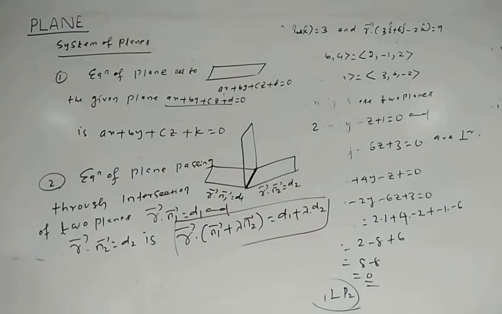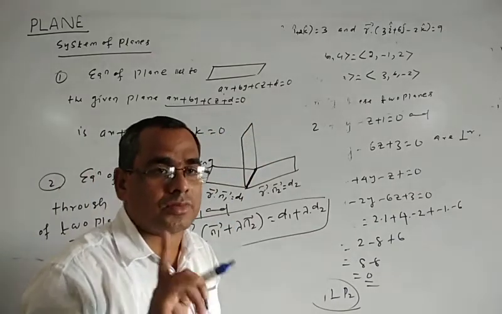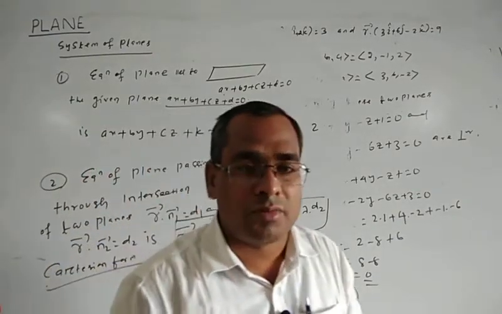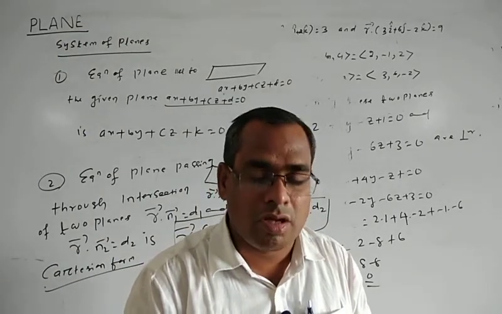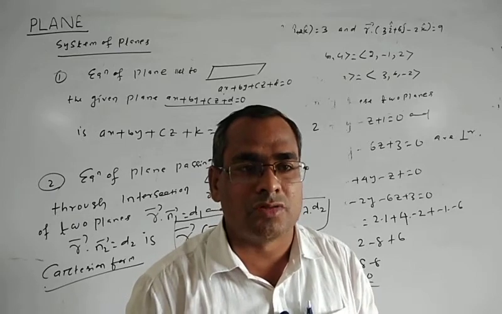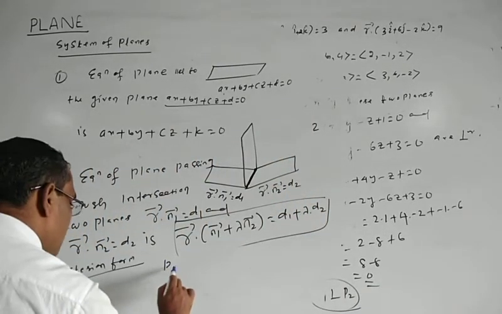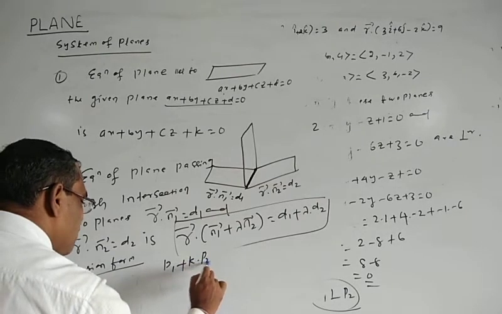So the Cartesian form is as follows. Take P1 equal to A1x plus B1y plus C1z plus D1 equal to 0, and plane 2, P2 equal to A2x plus B2y plus C2z plus D2 equal to 0. So the Cartesian form is P1 plus K into P2 is equal to 0.